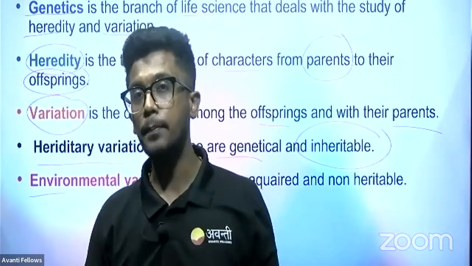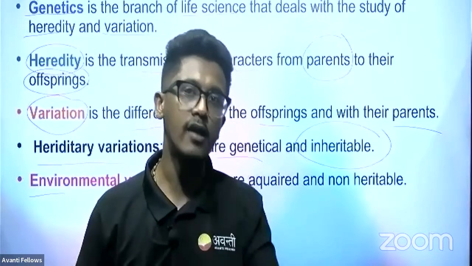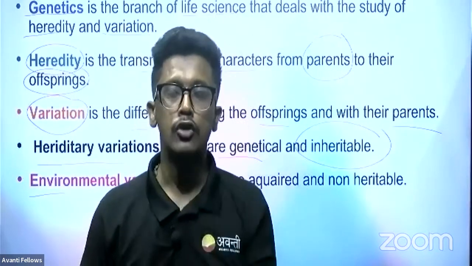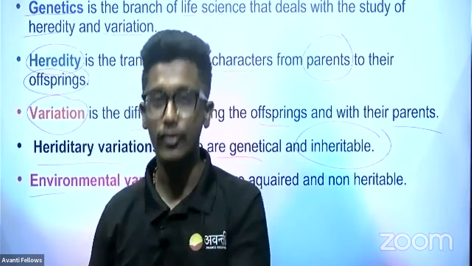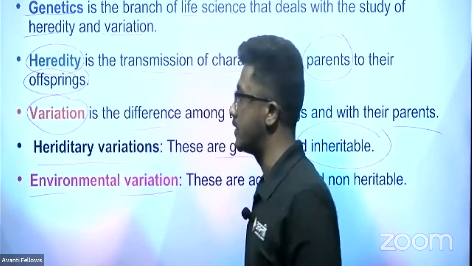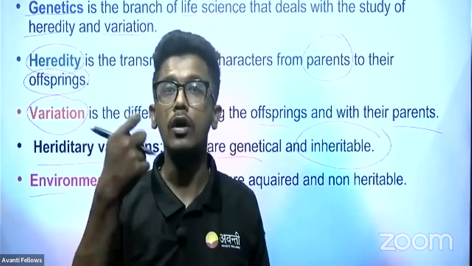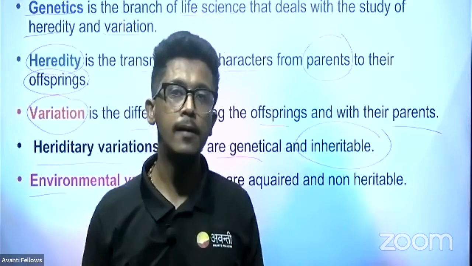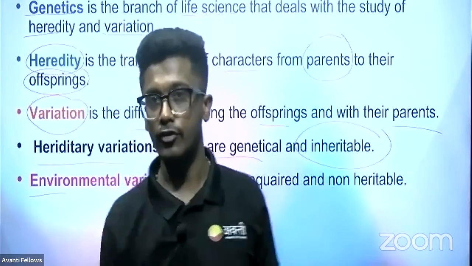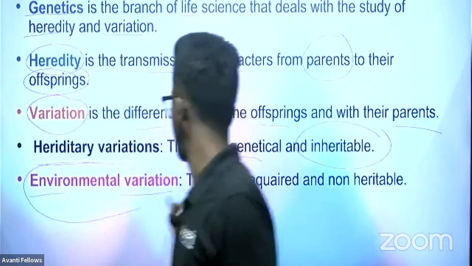So they picked up these variations during the course of their lifetime, but these variations became inheritable. So they are called heritable variations. Got it, right? Whenever you pick up a characteristic and can pass it on in the form of heredity, they are called hereditary variations.